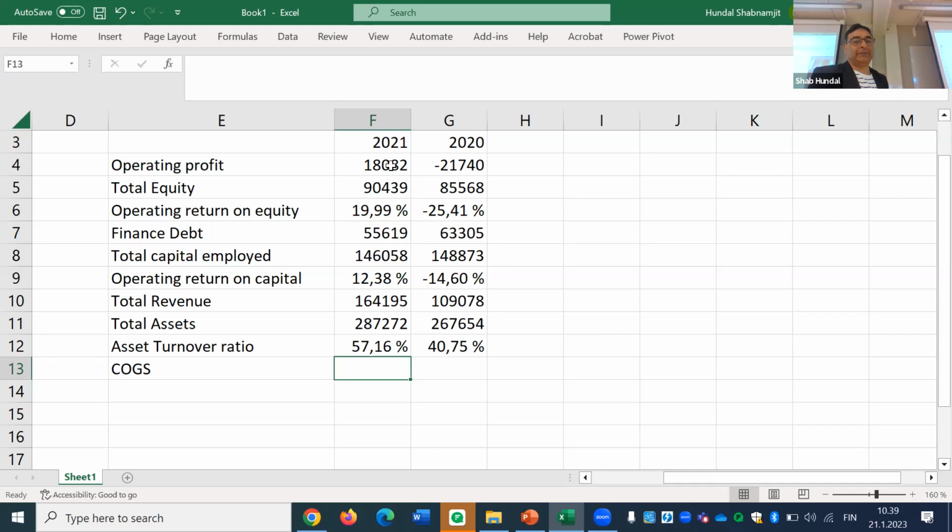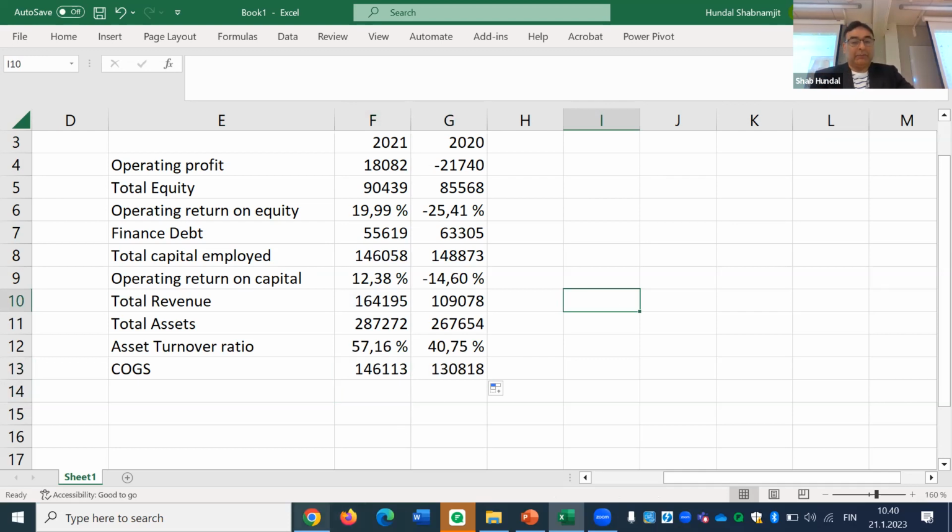How do you calculate operating profit? It's total revenue minus cost of goods sold. So now, if I have total revenue and I subtract operating profit, I will have the cost of goods sold, won't I?